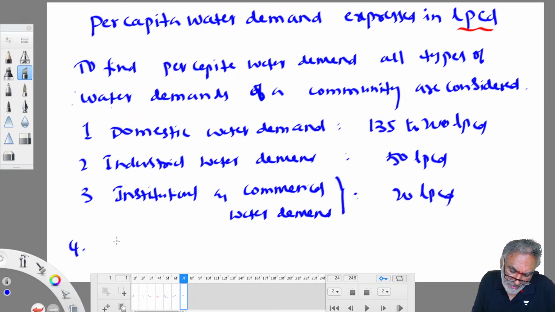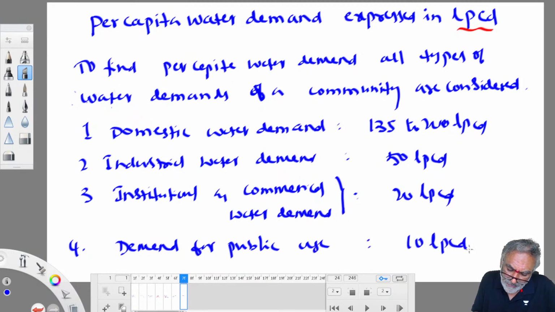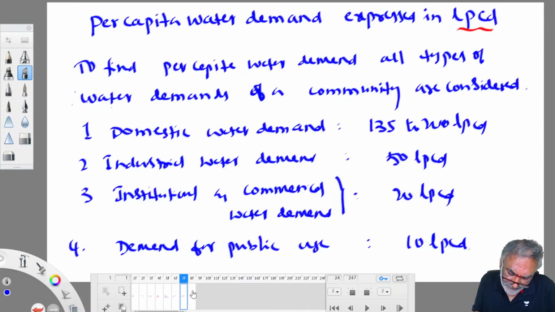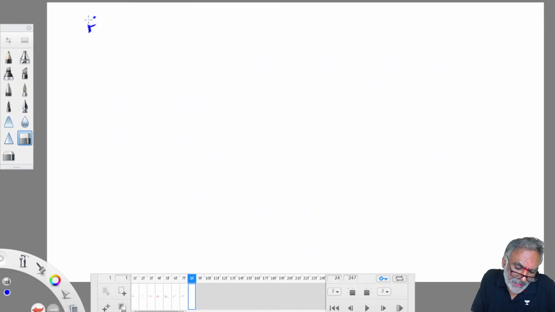Fourth, demand for public use, public utility. This and all we discussed in detail, the theory related to them. 10 LPCD. So all these things put together is the total per capita water demand of a community. Then fire demand. Fifth one is fire demand.